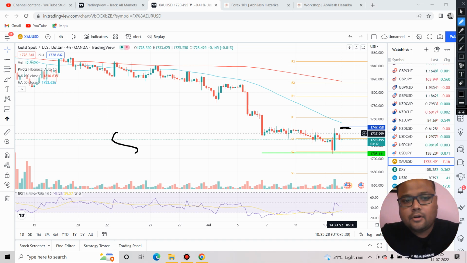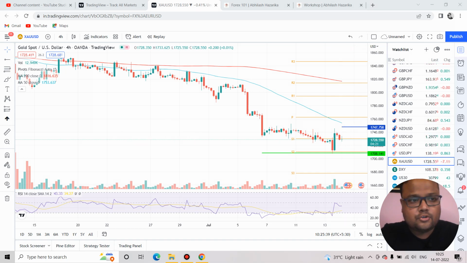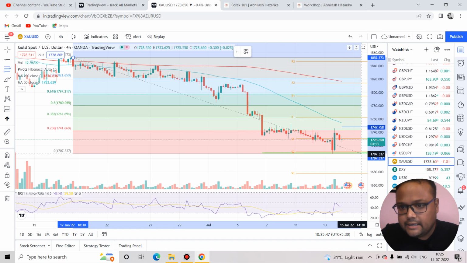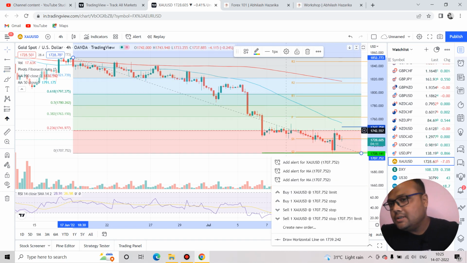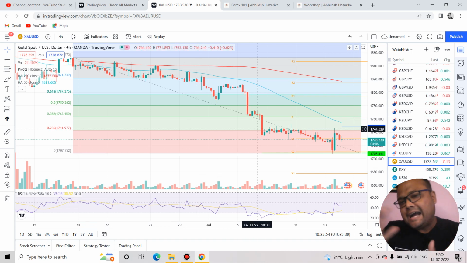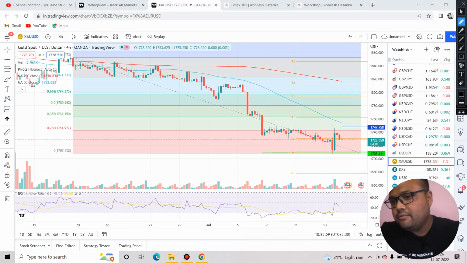So we have a static resistance, the previous price rejection level, plus we also have the 50 moving average working as dynamic resistance. And one more thing I would like to show you, that is the Fibonacci retracement level. You can see that we also have additional confirmation from Fibonacci around this level. So there is a high possibility that if the market goes up also, it will face some selling pressure around this level again.